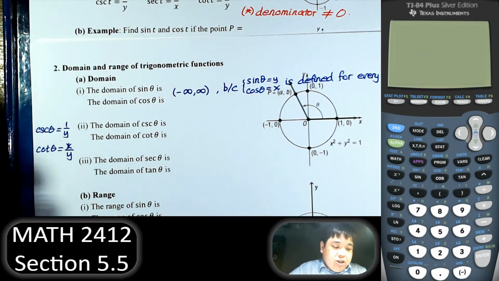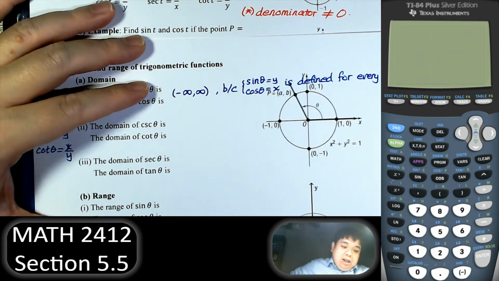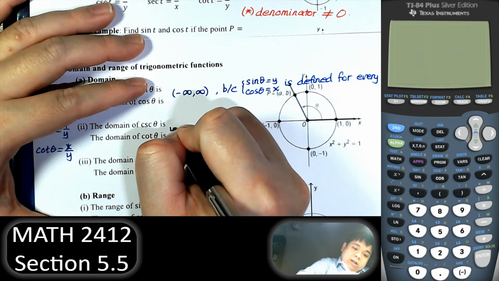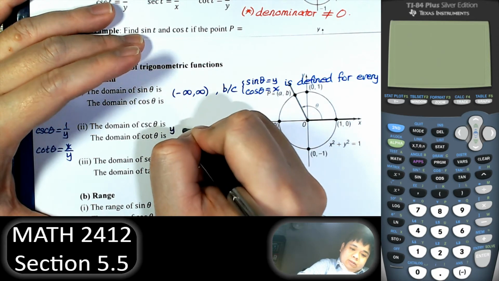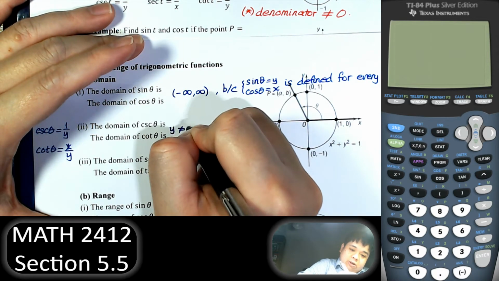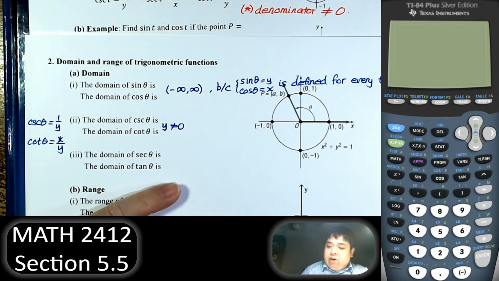Because of that, the domain of this is where y is not equal to 0.